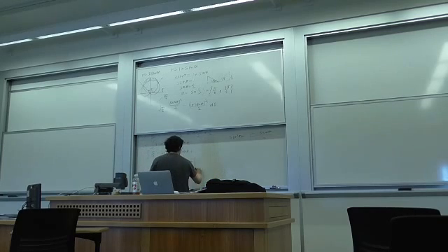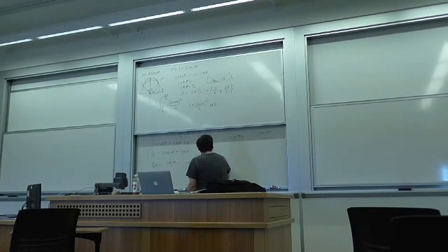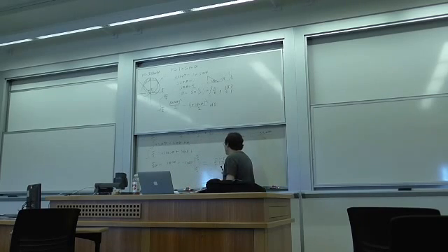And what were my limits? Pi over 6, negative pi over 6, pi over 6. Okay. So we have 5/2 pi over 6 minus the sine of pi over 3, minus cosine of pi over 6.